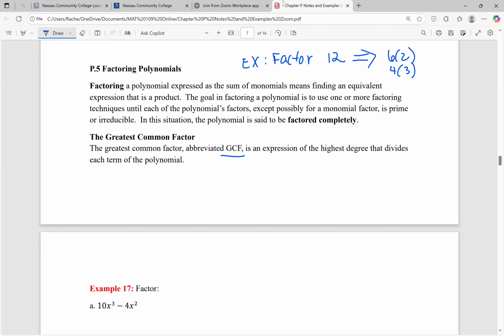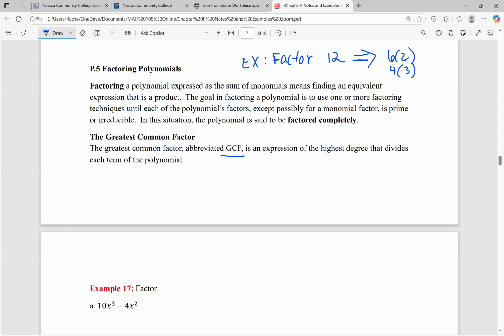So let's look at some examples. Example 17 says factor. A, we have 10x to the third minus 4x squared. We have a binomial, and when I look at those two terms, between a 10 and a 4 the greatest common factor is going to be a 2, right? 10 and 4 are both divisible by 2.